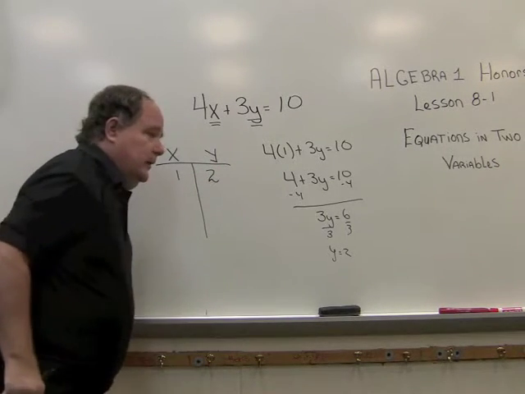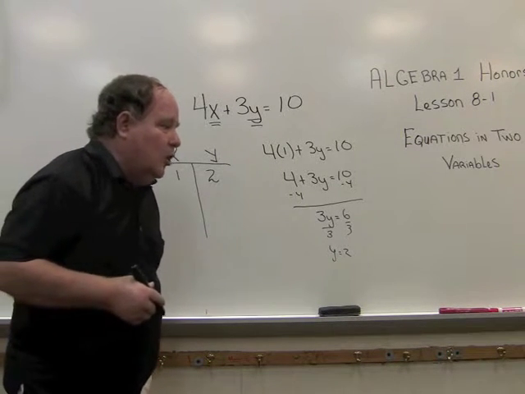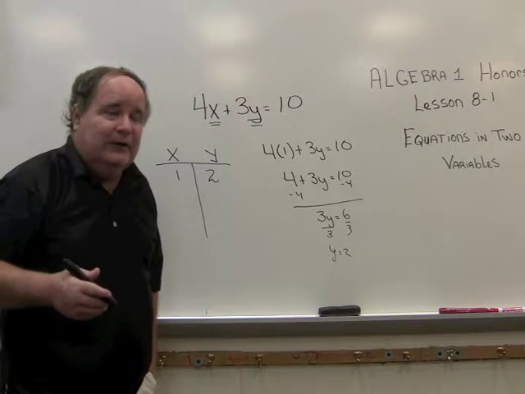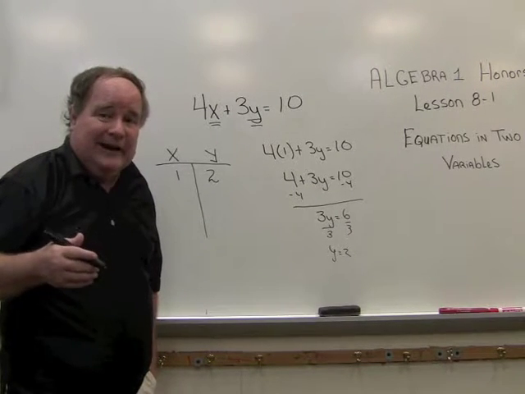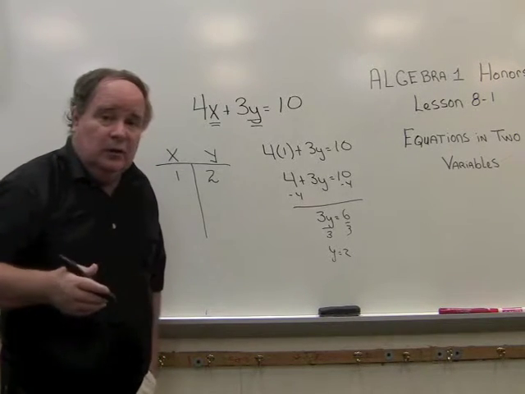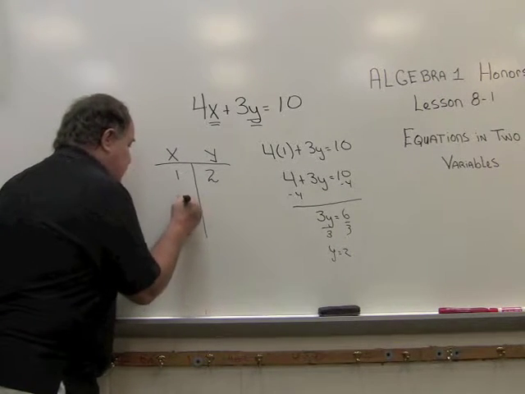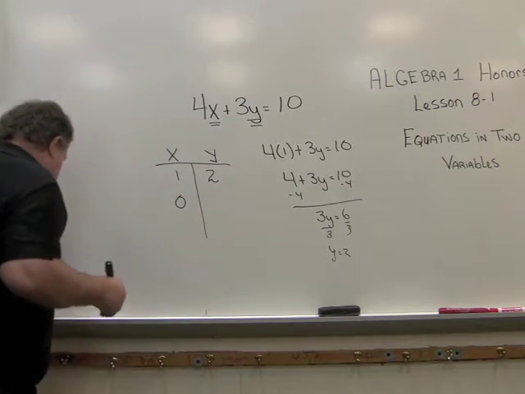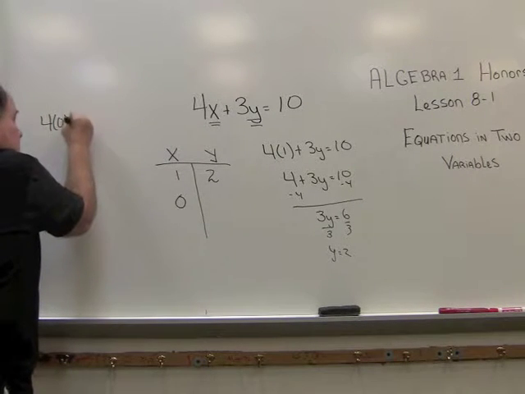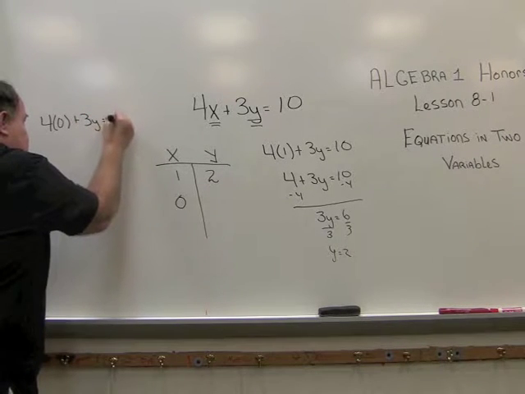Now, sometimes when you have a problem like that, they'll say, give me only integers. If you have only integers, that means that you can't have a fraction. But let's take, for example, what if I call x equals 0? I would say 4 times 0 plus 3y equals 10.